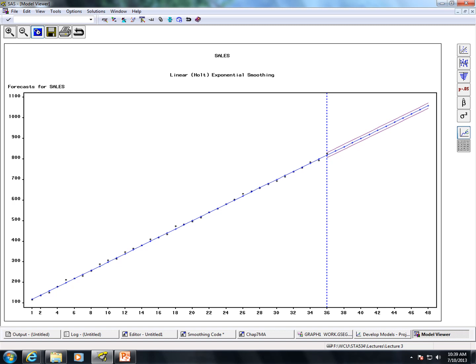Now, the next slide is going to have our numeric information. It's going to have the level at time 36, the growth rate at time 36. We could use those things to generate the predictions. It's also going to have the smoothing constants alpha and gamma. Now, I want you to think. Pause the video, write down your answer.